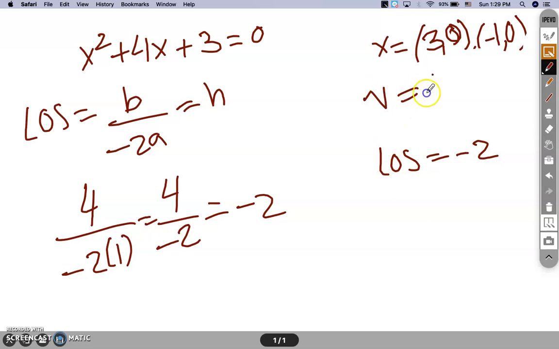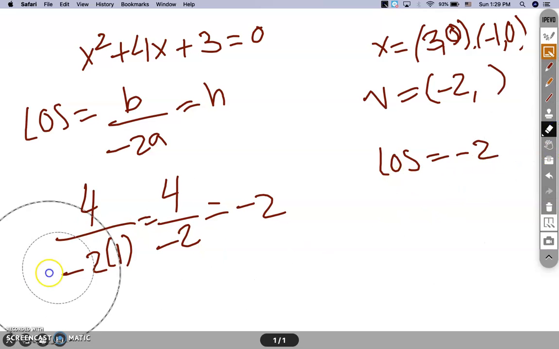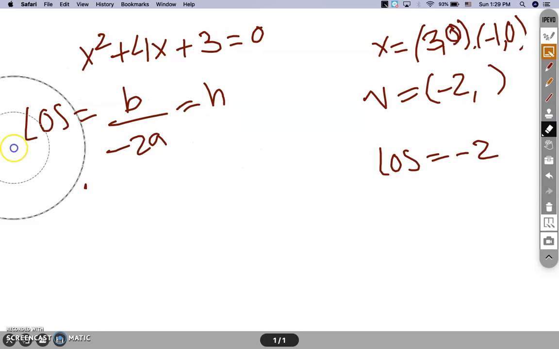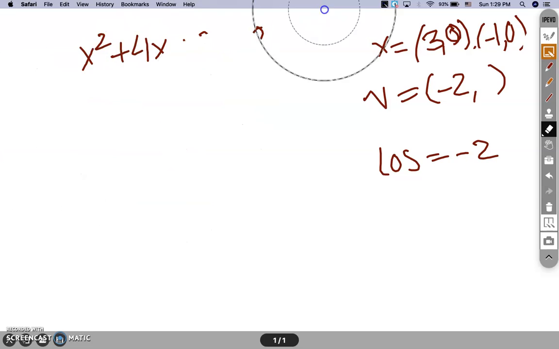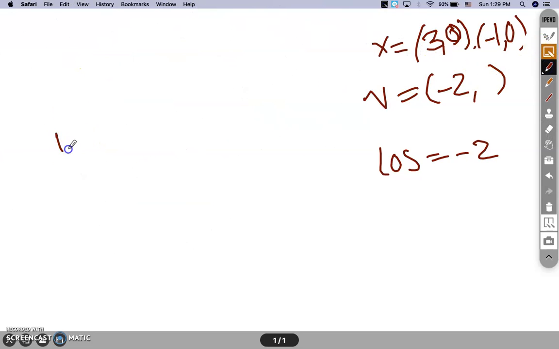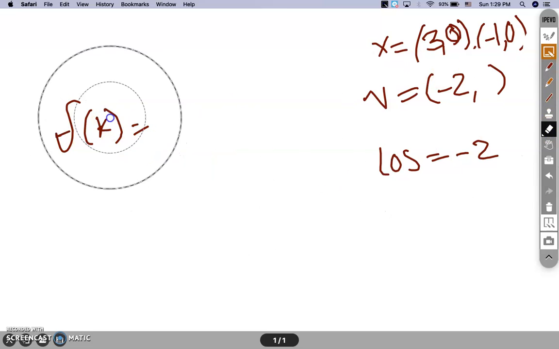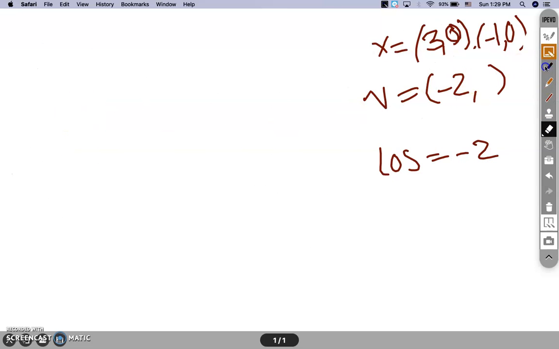That means for my vertex, negative 2 is going to be the h value, and we don't know yet the k value. So then what we're going to do is set this up as a function, and we're going to say f of k, no, not f of k, f of h, which is going to be f of negative 2.